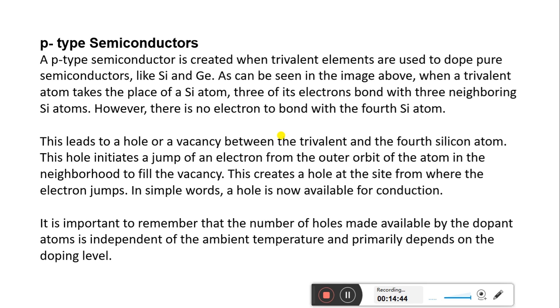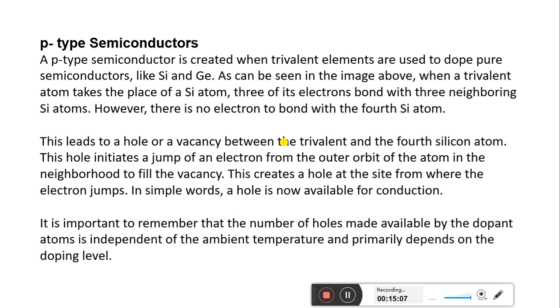In p-type semiconductor material, the majority carriers are holes, and conduction takes place because of the holes. A p-type semiconductor is created when trivalent atoms are used to dope a pure semiconductor like silicon and germanium.